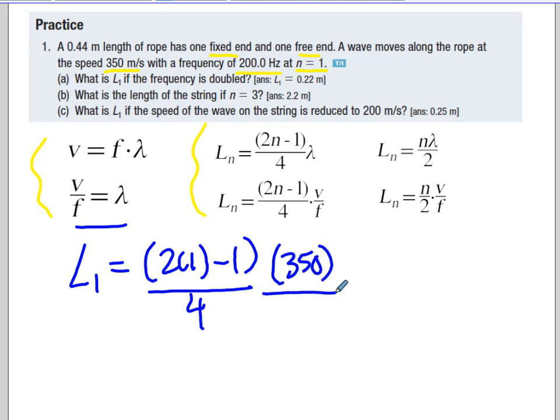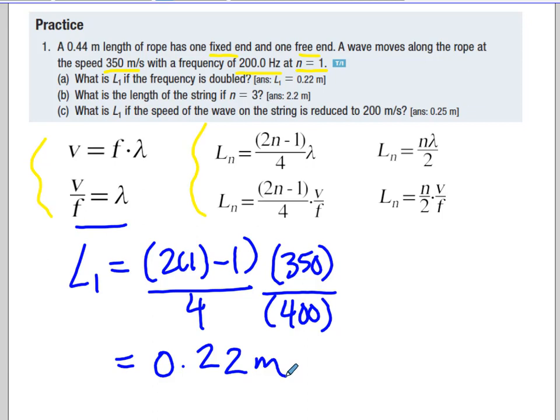Our frequency has been doubled, so it's not 200, it'll be 400. And if you punch that in, so you'd have 350 divided by 400 divided by 4, that's the 1/4 out front, and you would get 0.22 meters. Okay, so that's sort of the mathematical, just calculating way.